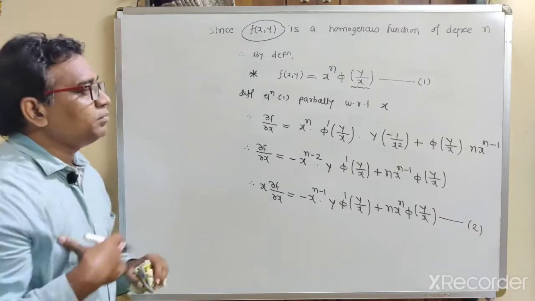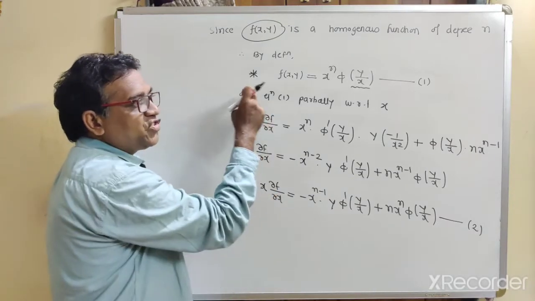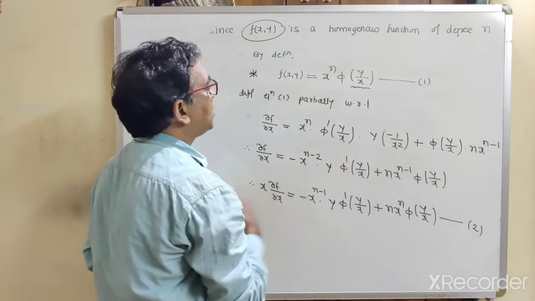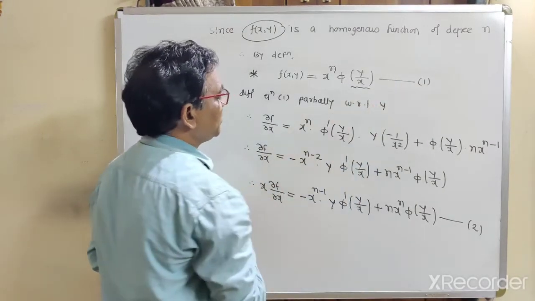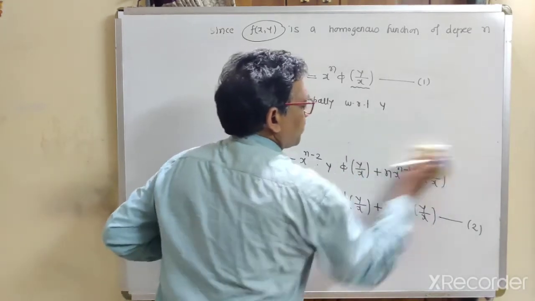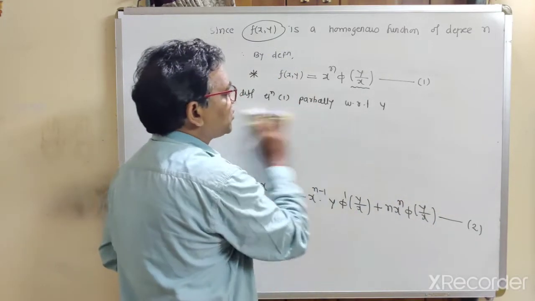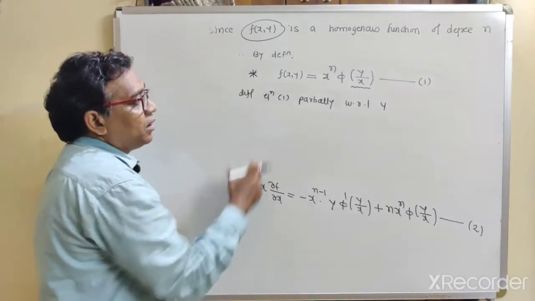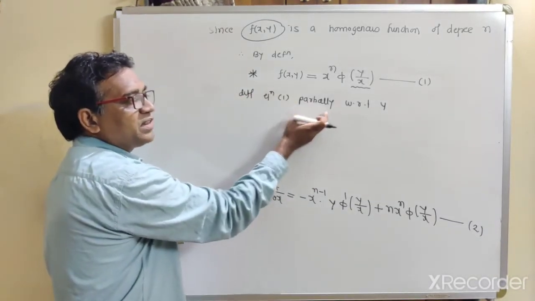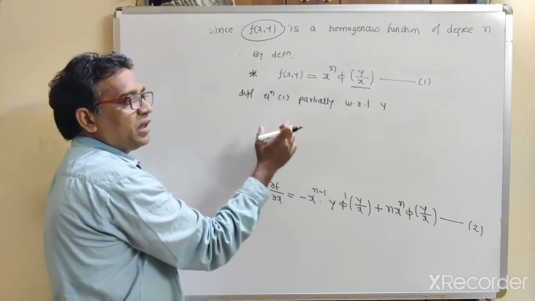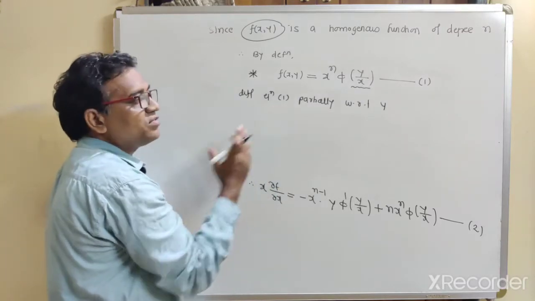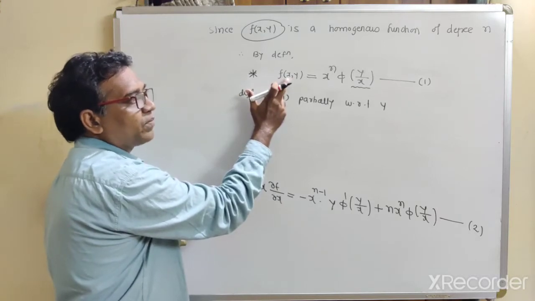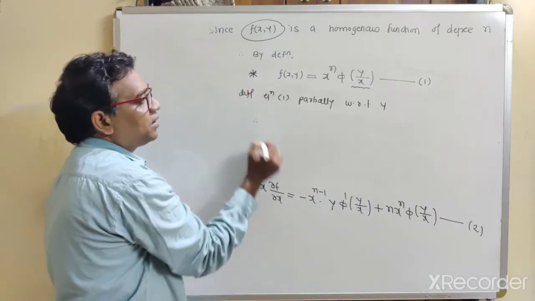Now what is the next step? Differentiating equation 1 partially with respect to y. So write down this step. Now derivative partially with respect to y means we have to keep the remaining variable as a constant. So we have to treat x as a constant term. So write down the derivative.